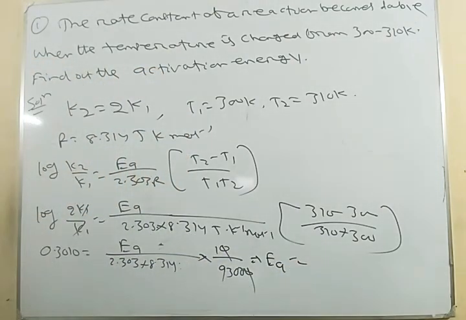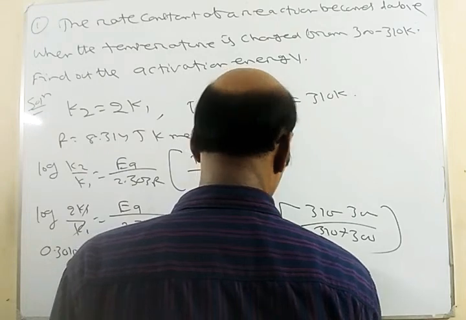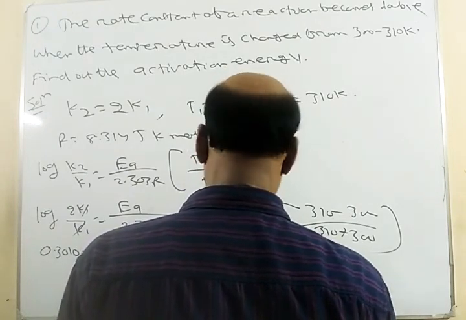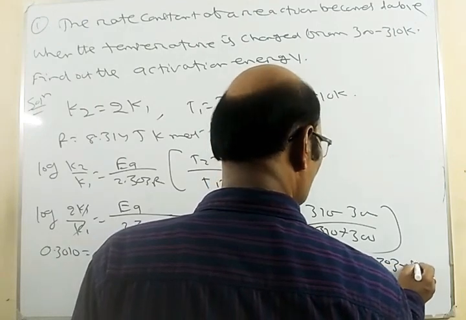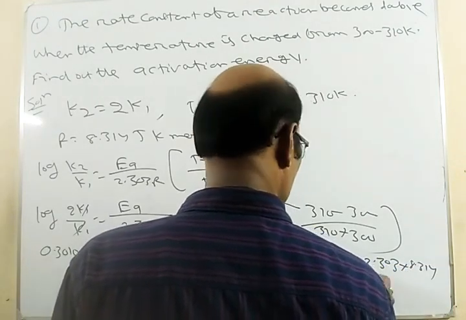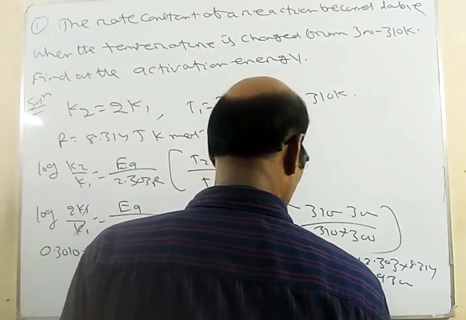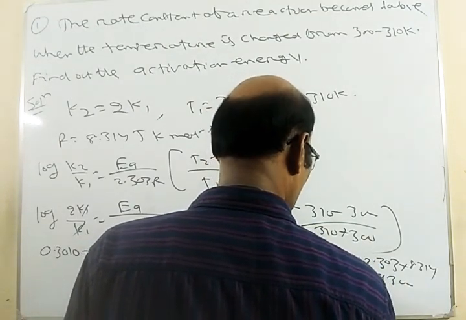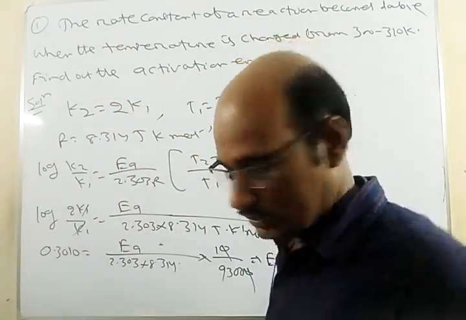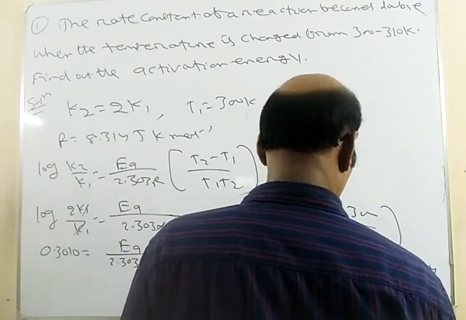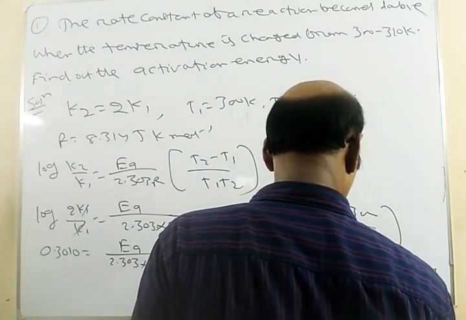Ea is equal to 0.3010 into 2.303 into 8.314 into 9300, which gives 53.9 kilojoule per mole.